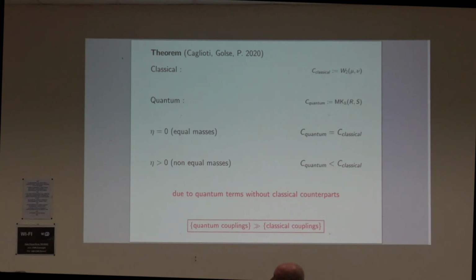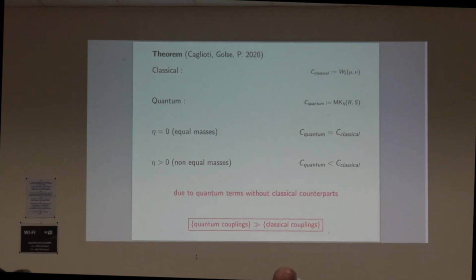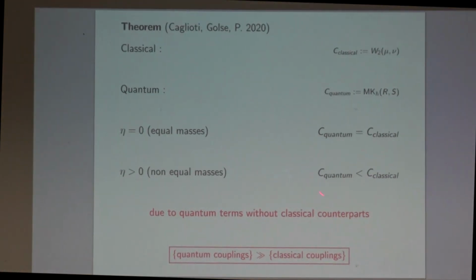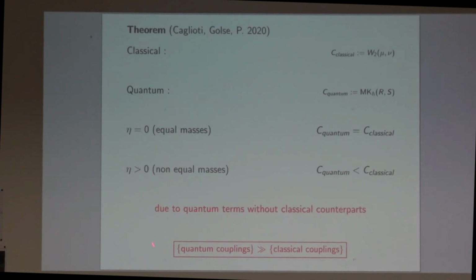So these are simple computations using a little bit of MATLAB, but why is it so, in fact? Why can the quantum cost be smaller than the classical one? Well, just because the set of quantum couplings is not at all in bijection with the set of classical couplings.